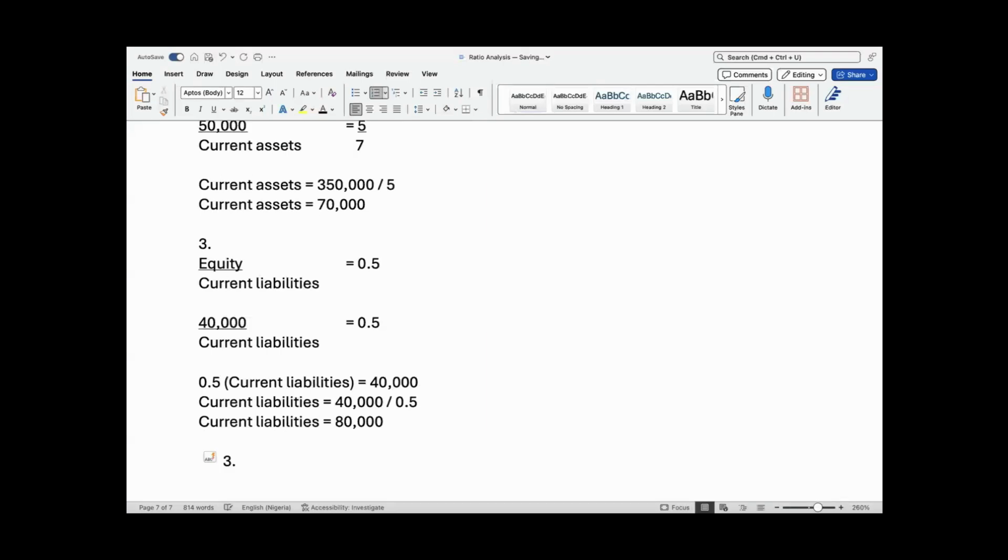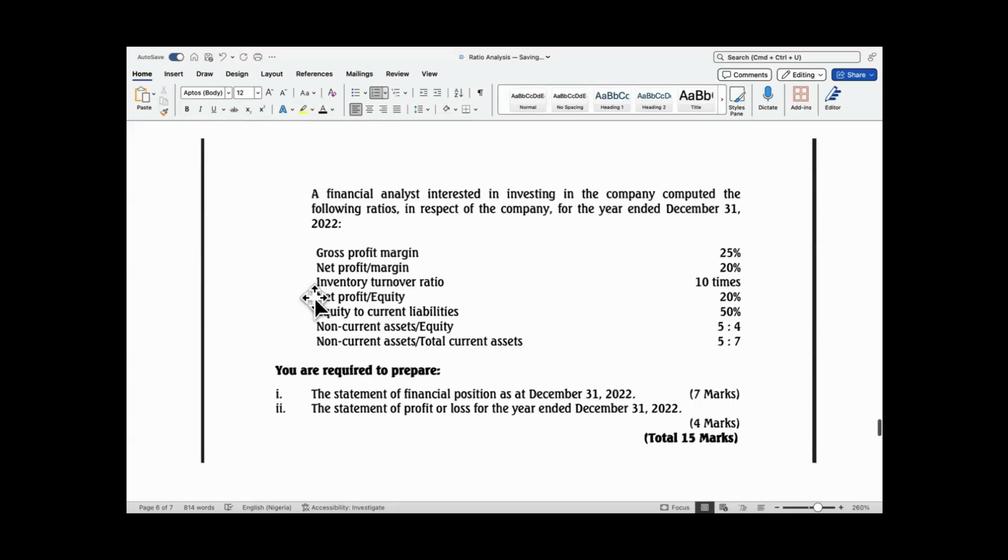Then having gotten that, I can also trickle up to easily get my net profit, given that my net profit to equity was given as 20%.